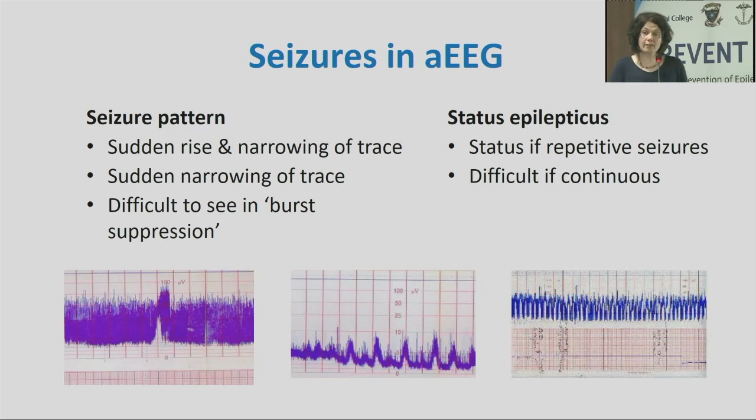It can be very difficult to see if you have a patient in burst suppression pattern, and also status epilepticus can be difficult to diagnose if it's continuous status epilepticus. But here, in this patient, for example, this is a typical aEEG pattern diagnosing status epilepticus, where you have frequent repetitive seizures.